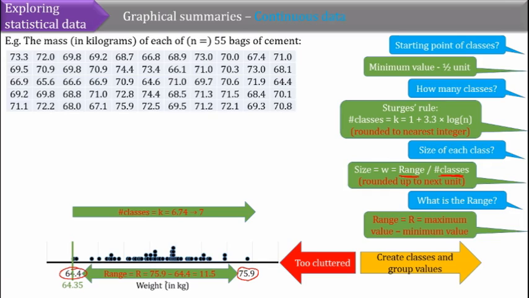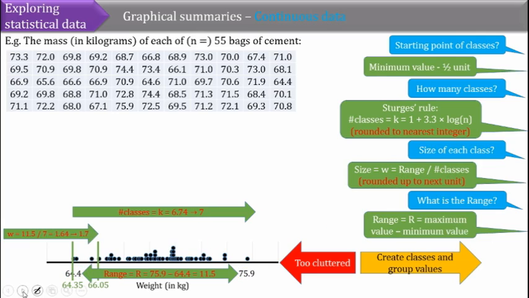So in this case, 75.9 minus 64.4, that gives us 11.5. So now that we have the range, in other words, we know what distance needs to be covered, we divide that by the number of classes, which is 7, and then we know how big each class must be. In other words, we know the width of each class.